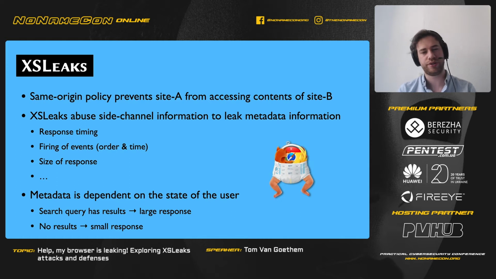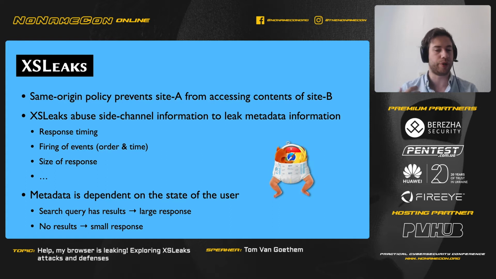The same origin policy prevents site A from accessing any information about the contents of resources located at site B. So these cross-site leaks will try to abuse side channel information in order to leak this metadata. For instance, this could be the timing of the response, the firing of events, so either the order or the time at which the events were fired, or getting the size of the response, or any other type of meta information.